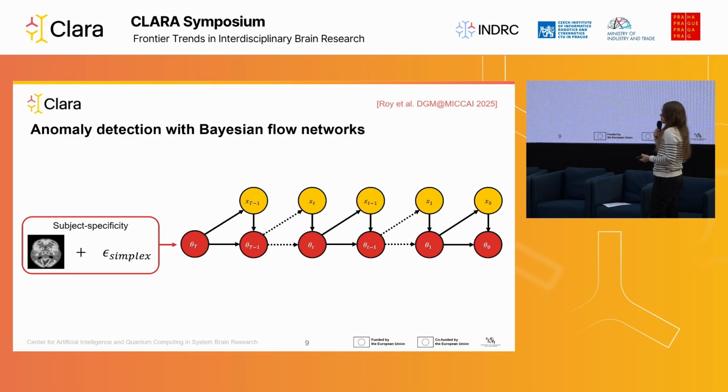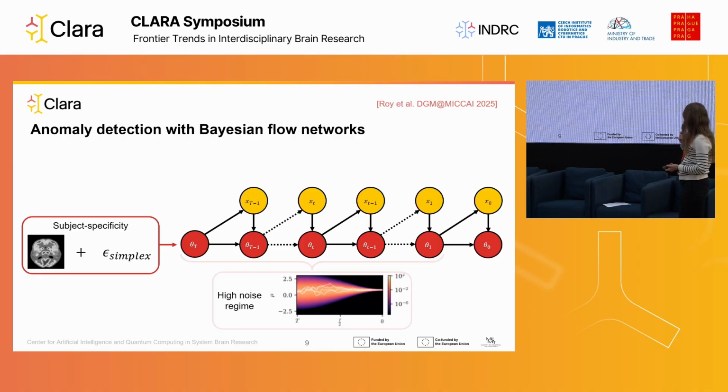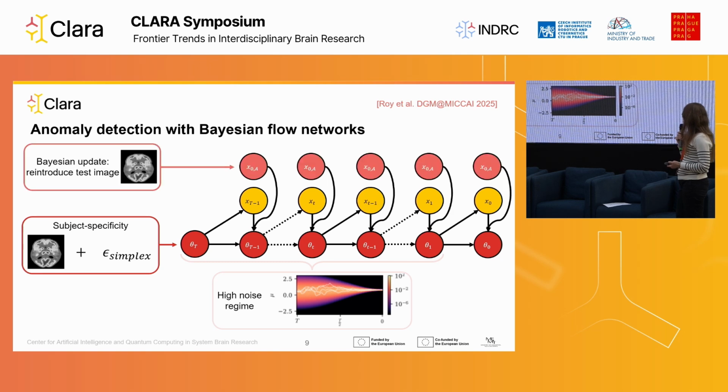We start from an input image instead of starting from noise. And also we change the type of noise, so we use simplex noise instead of Gaussian noise. We also change the accuracy schedule to be in a high noise regime, and we change the Bayesian update to always go back to the input image, again in a recursive manner.